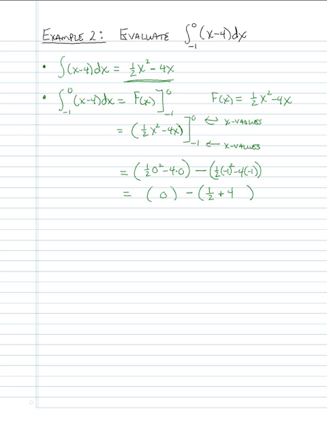And so we end up with something that looks like 0 minus the quantity 1/2 plus 4. Well, can we not add 1/2 and 4 together? I mean, now it's a matter of arithmetic. Okay? What we end up with is 0, and inside these parentheses, 1/2 plus 4. Well, let's go over here to the side. If we're going to have to add 1/2 plus 4, we need a common denominator.